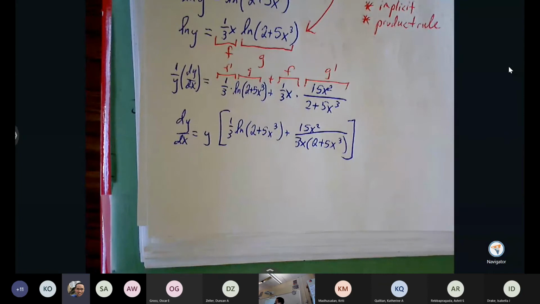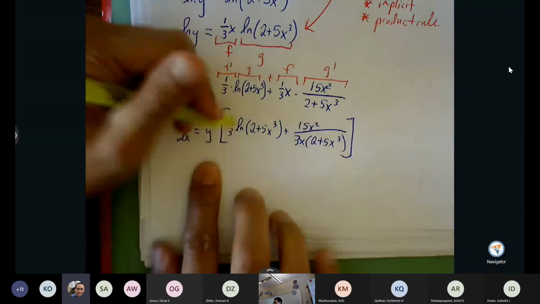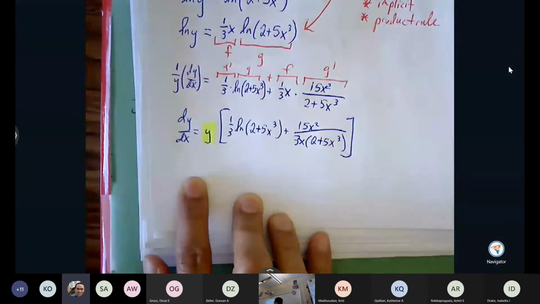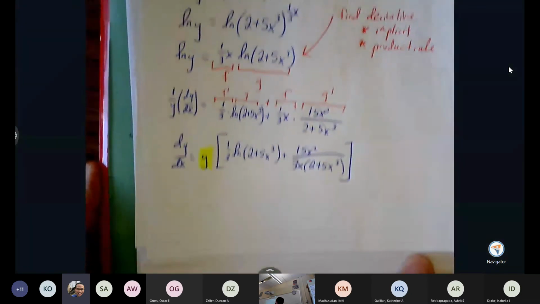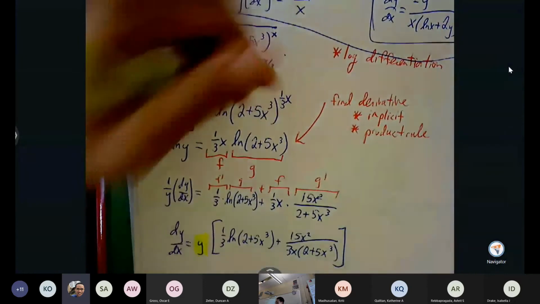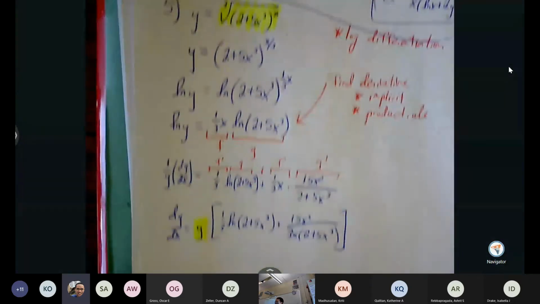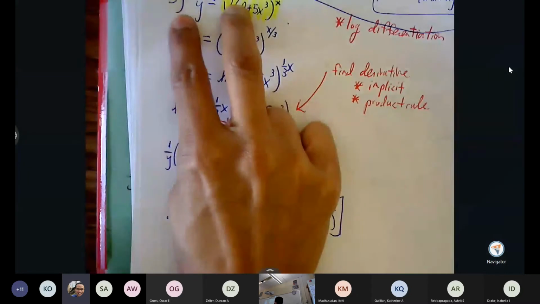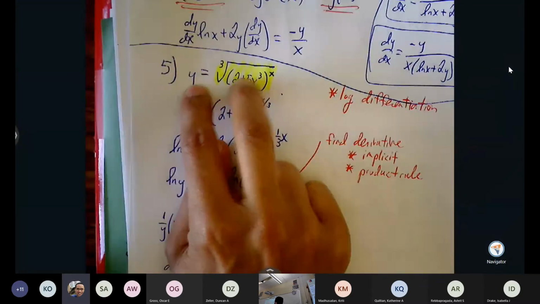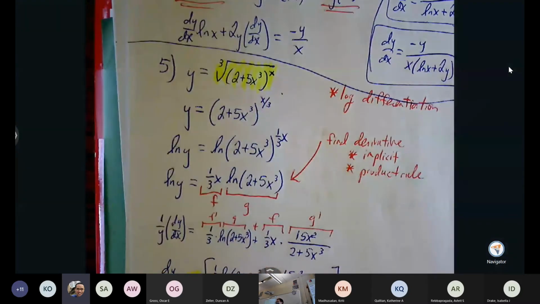There's one more thing I want us to do, though. What can we replace this with? The original. Yeah, there we go. The reason why we do that is because we have a function to begin with. So if we have a function to begin with, we should be able to represent the derivative purely in terms of x. We shouldn't need to use the y.